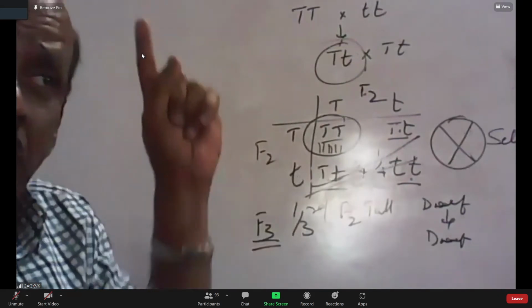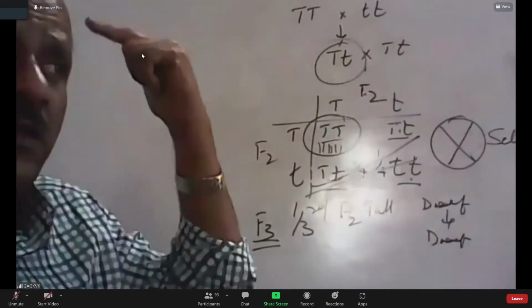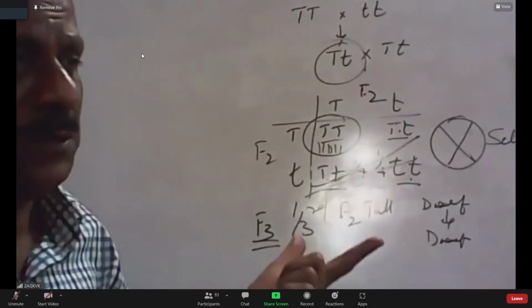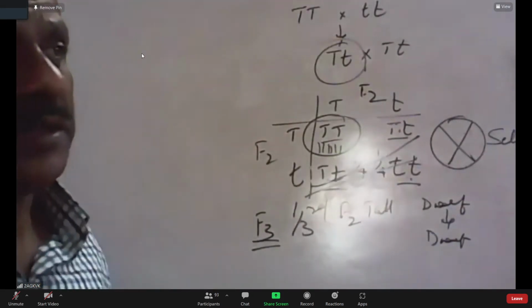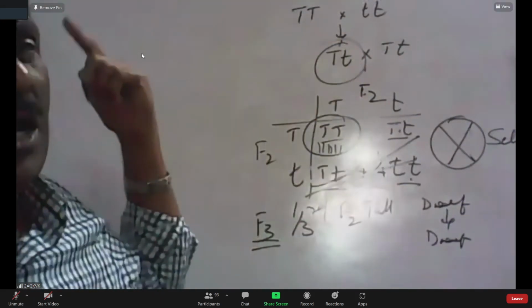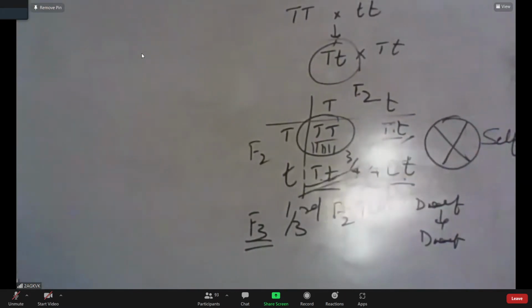He expected the results in the F3 even before he conducted the experiment. He expected all the dwarf plants to breed true, 1/3 of the tall plants to breed true, and 2/3 of the tall plants to segregate. And that is what he observed.